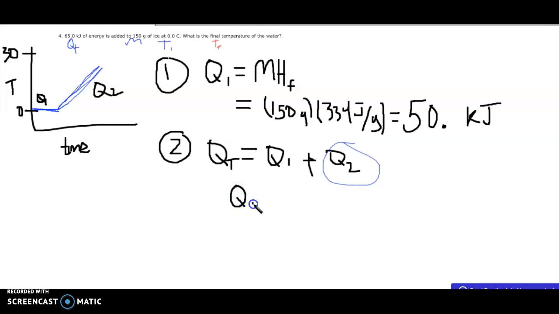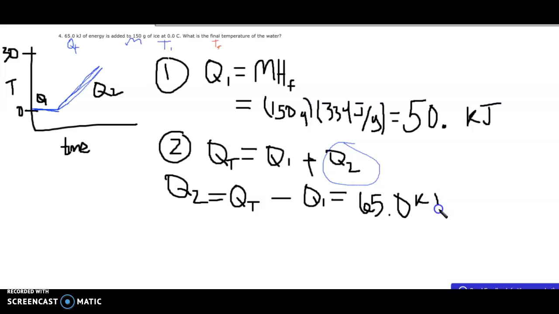So Q total minus Q1 is equal to Q2. Then we can plug in: 65.0 kilojoules minus 50 point kilojoules.